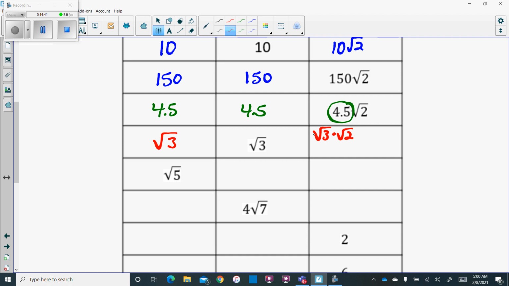Well, since both of these are radicals, then I can do inside times inside. So this becomes root 3 times root 2, which means the answer here is just root 6. So because we have radicals as a leg, we can multiply that to the hypotenuse because we're doing leg times square root of 2.